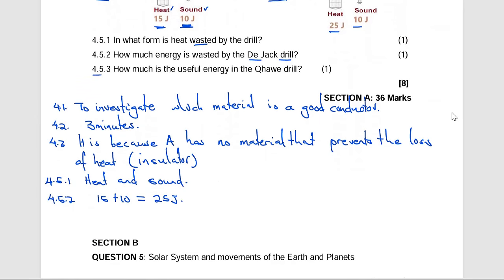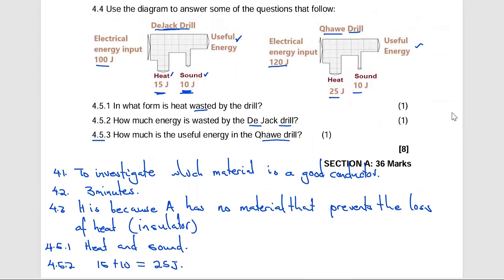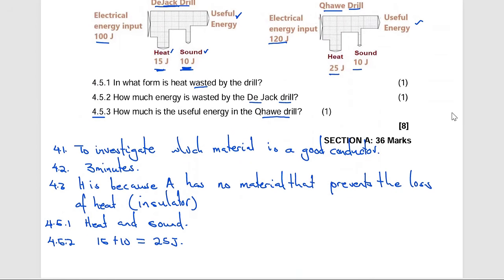4.5.3 says how much is useful energy in the Kawe drill? The Kawe drill started with 120 there. How much did we subtract? We subtract this heat and our sound.